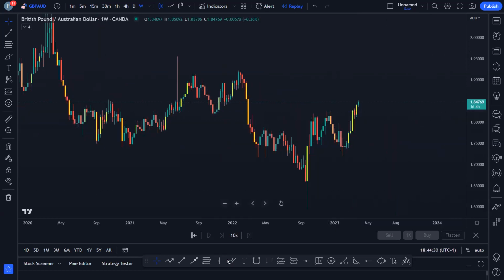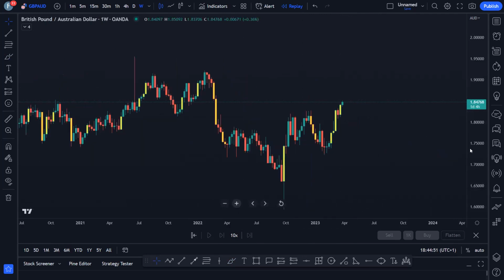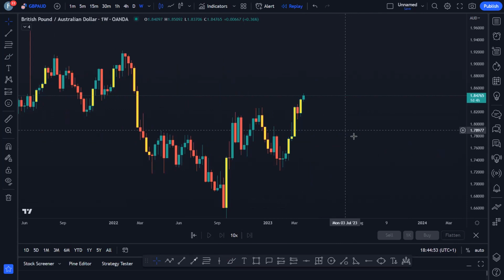Price has given us new highs like so. In a bullish environment, it makes sense to look for buying opportunities. So I'm just going to highlight a bit of demand levels on this leg here.